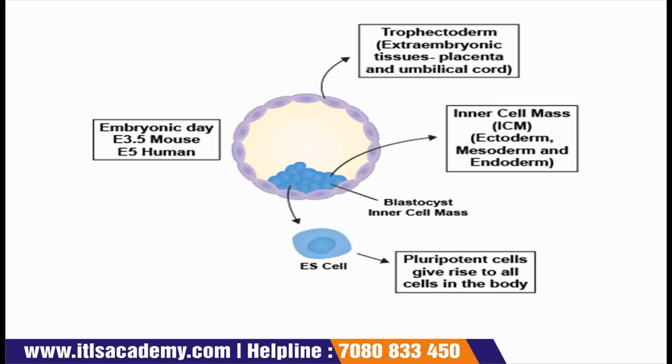Here comes the embryonic stem cells. This stage is known as blastocyst. If we talk about the blastocyst, the covering of the blastocyst is known as trophoblast.